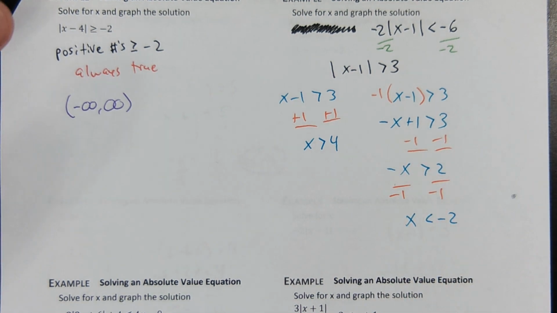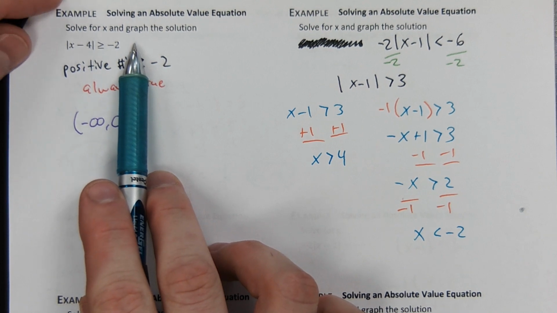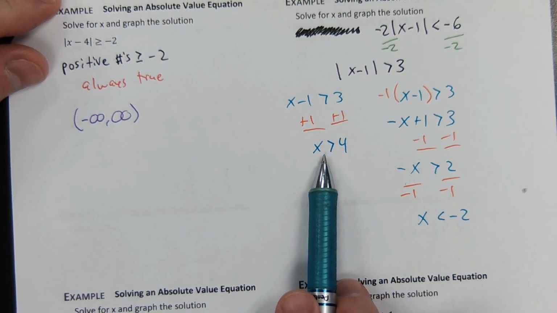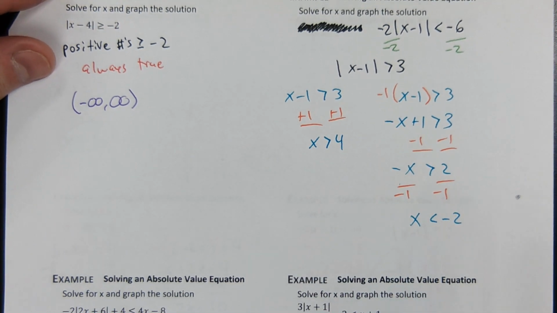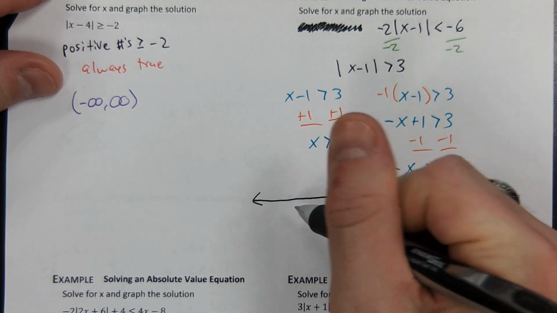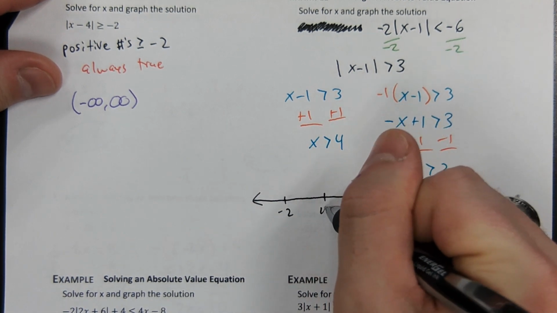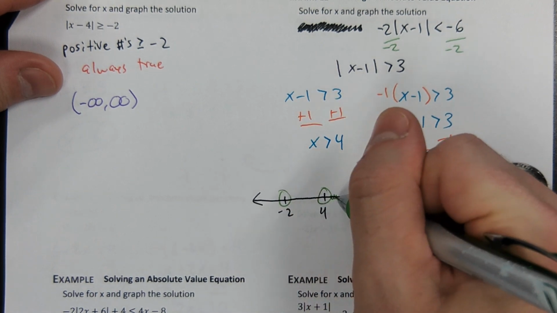And we're supposed to graph these things. For this one, if you wanted to graph this solution, you just draw a number line and shade the whole thing. But these, numbers that are bigger than 4 or numbers that are less than -2, they don't overlap. So on a number line, you've got a situation like this going on.